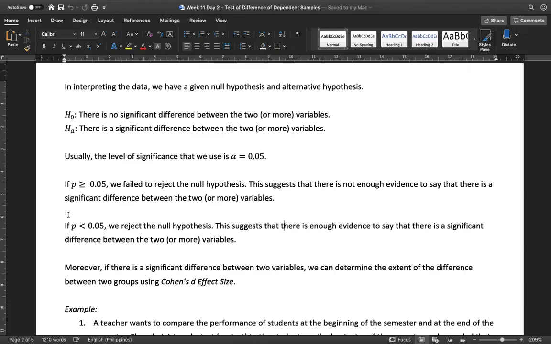If p is greater than or equal to 0.05, we fail to reject the null hypothesis. Walang enough evidence para masabi na may significant difference yung dalawa. If p is less than 0.05, we reject the null hypothesis. So, we can say that there is enough evidence to say that there's a significant difference between the two. And again, pwedeng gawa ng Cohen's d for the effect size.